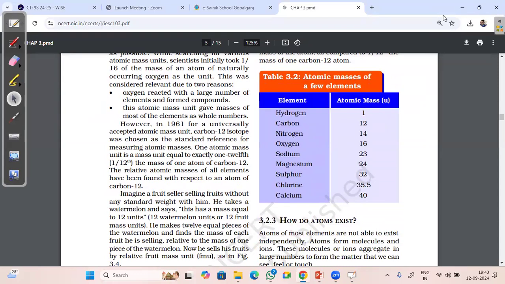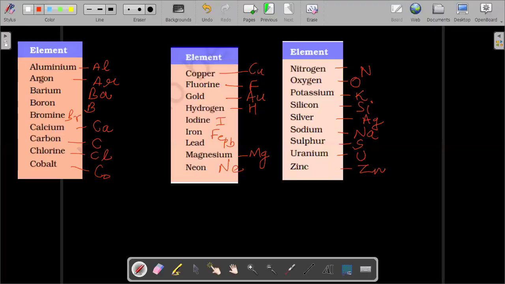The atomic mass of any element is measured as compared with the carbon 12 element. So let us see what is atomic mass: the mass of an atom as compared with the mass of carbon 12 atom.